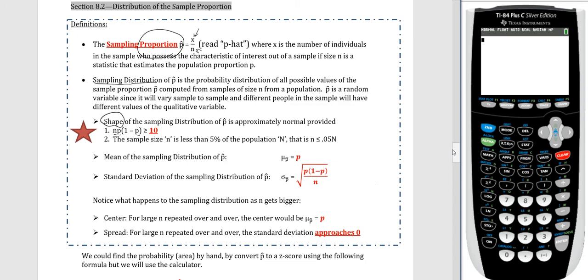I also want the sample size n to be less than 5% of the population, or the sample size n is less than 0.05 of capital N. Now, what this condition is for is what we call the independent criterion, or the independent condition. This is saying that my samples are independent of the population itself.